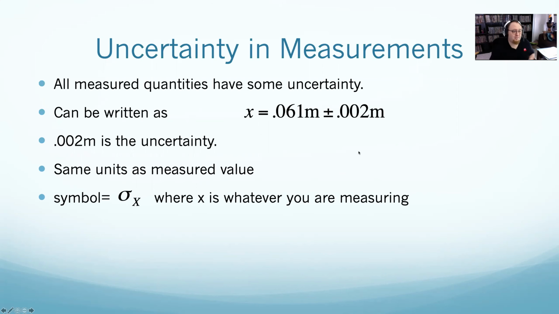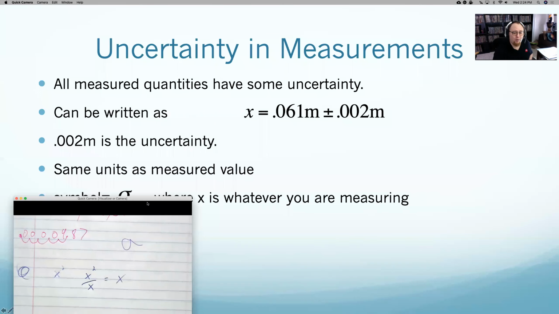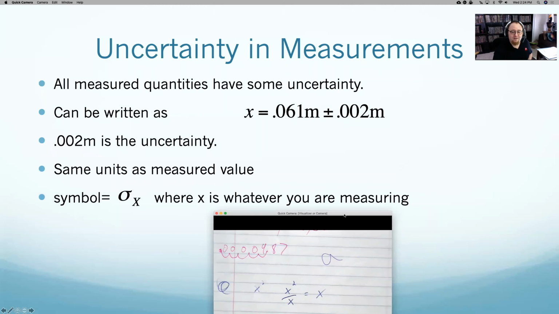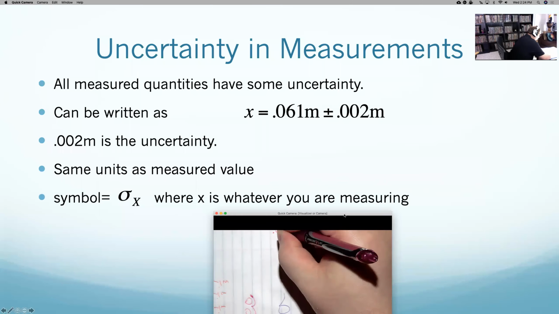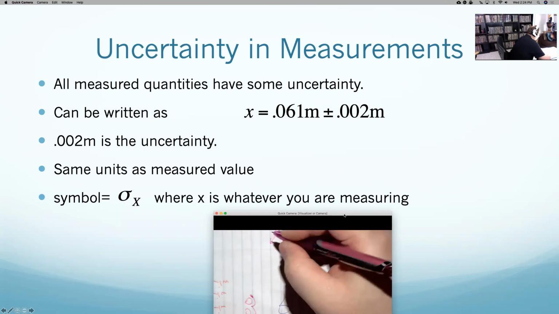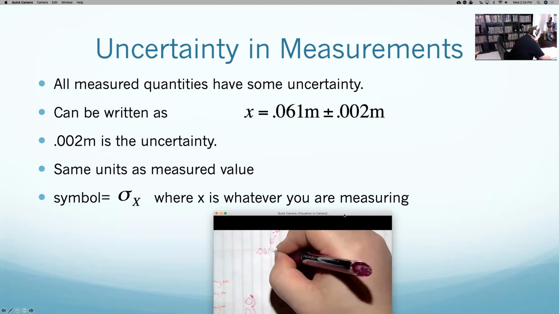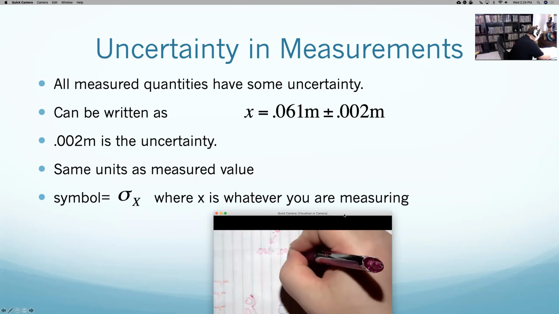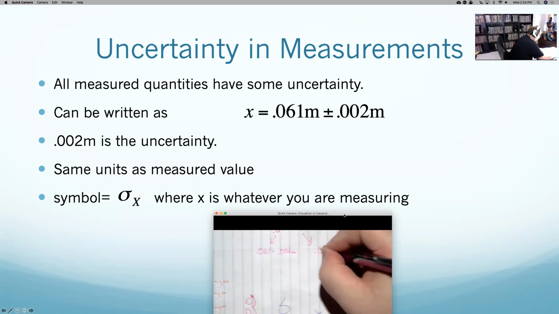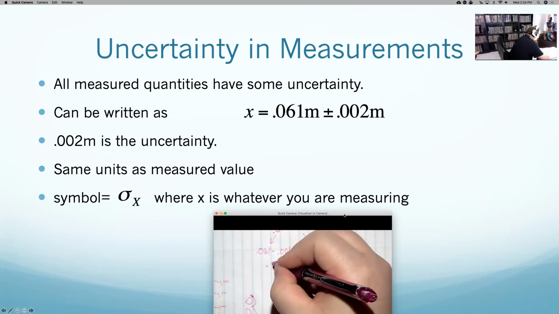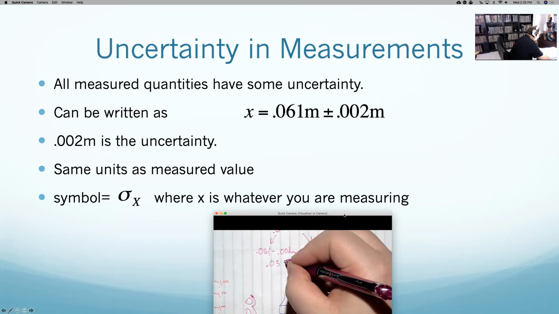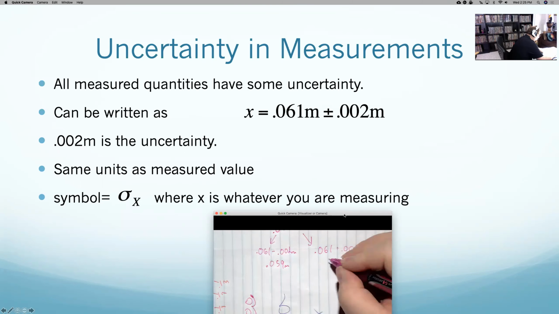And what this uncertainty really means is it's wiggle room. I'm saying that the value of this length isn't just straight up 0.061. I'm saying it's anywhere between 0.061 minus 0.002 meters to 0.061 plus 0.002 meters, or 0.059 meters to 0.063 meters.